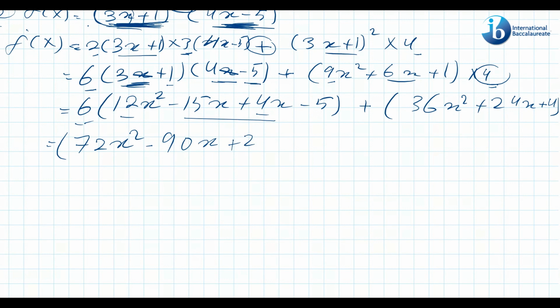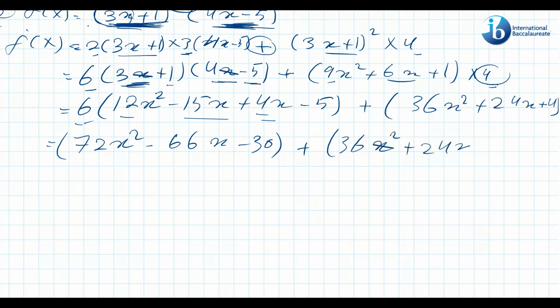Okay, and this part becomes negative 66x, and then negative 30 plus 36x squared plus 24x plus 4.